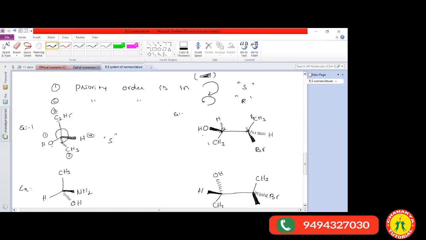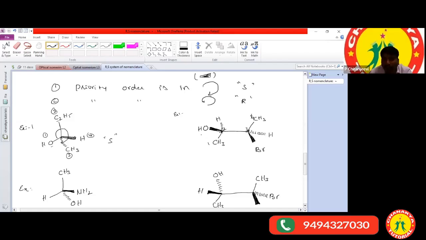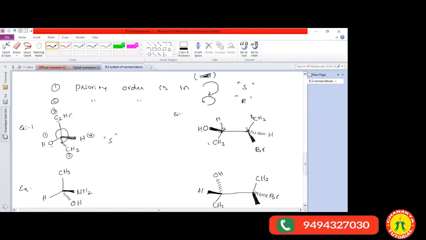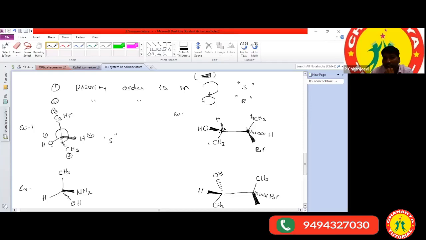What is the first priority? Here it is carbon, and here oxygen, here hydrogen, here carbon. This is also carbon. Not for the Br; we have to check the starting element.